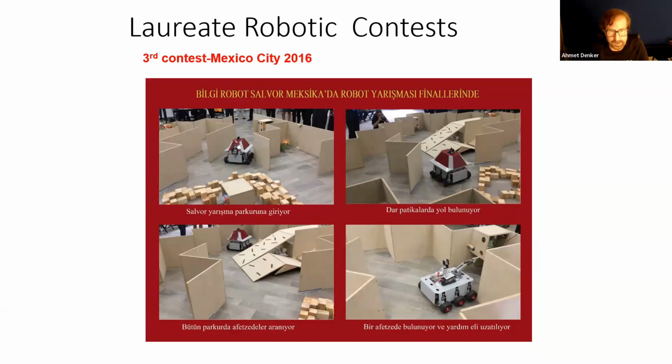This could find its path in a rather cluttered environment like this. And it could also find the dolls here, which were simulating the victims after an earthquake. You see, you could find, for instance, a doll here, or here, or here.